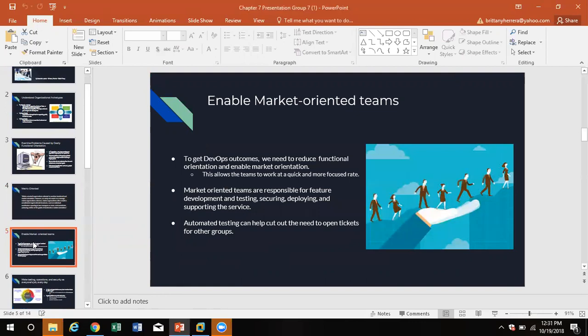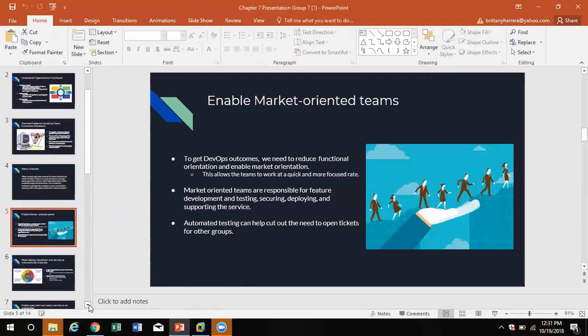And that will impact downstream, and it will come back to us as well. Market-oriented teams are responsible for feature development and testing, securing, deploying, and supporting the service. Automated testing can help cut out the need to open tickets for other groups. So there's a lot of positive things there with market-oriented teams.